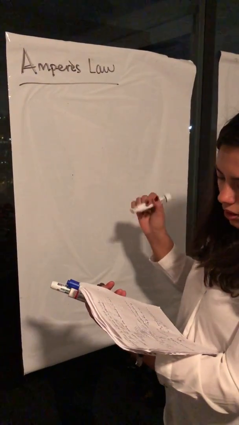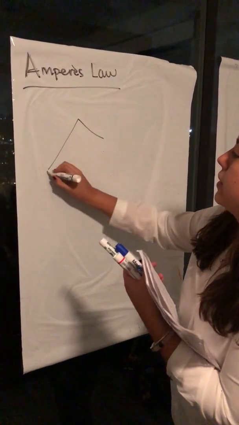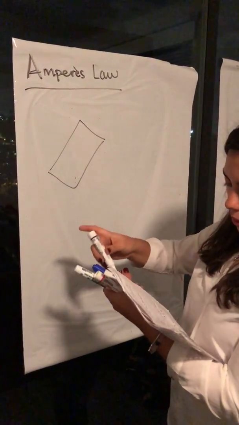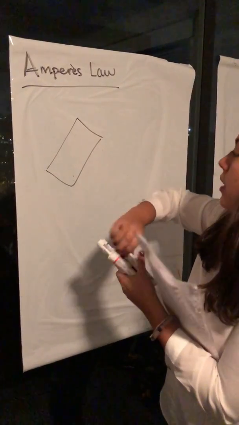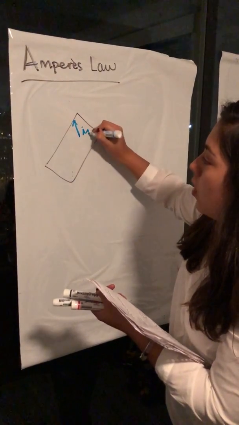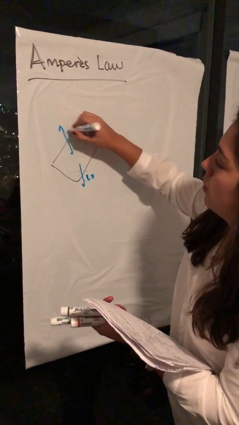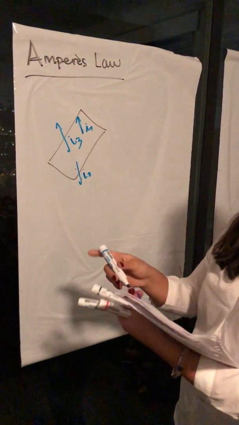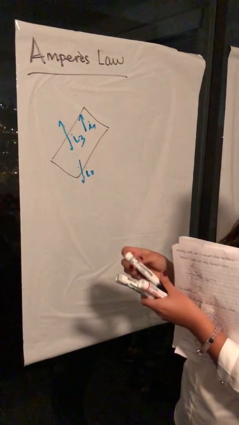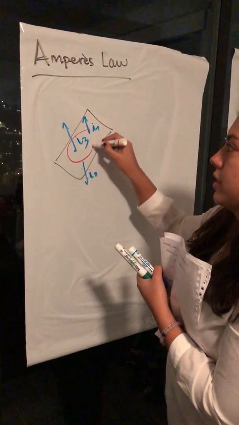Imagine that we have this plane in which many currents are going out of it, or maybe one going into it. This would be I2, I3, many of them. What Ampere's law does is to establish an Amperian trajectory.